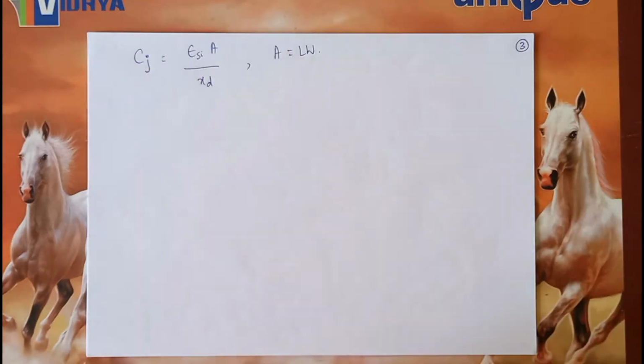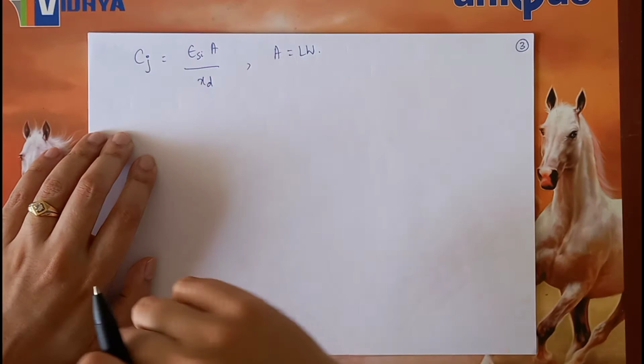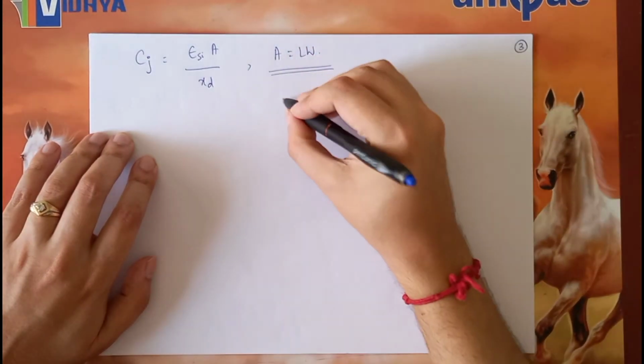But if you go with the usual PN junction diodes that you have used in your basic circuits lab, usually for most diodes this length and width are very large.